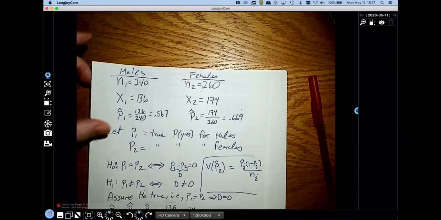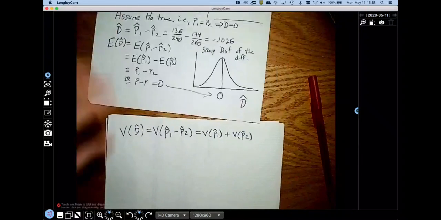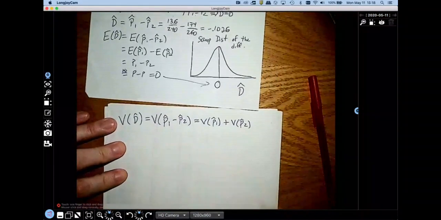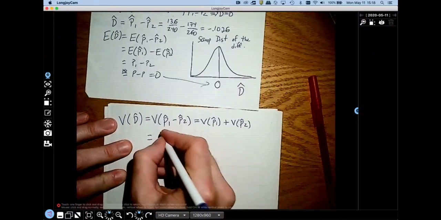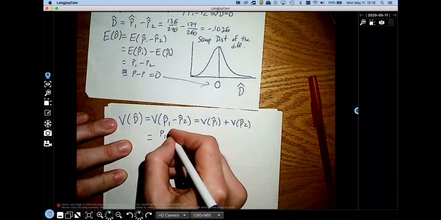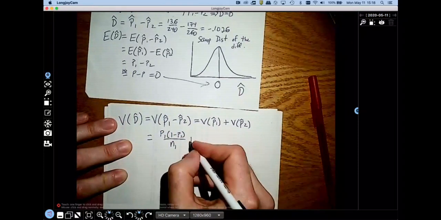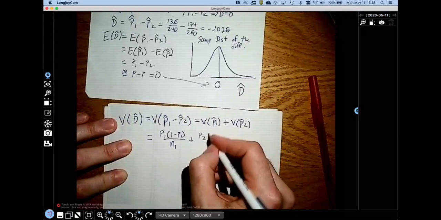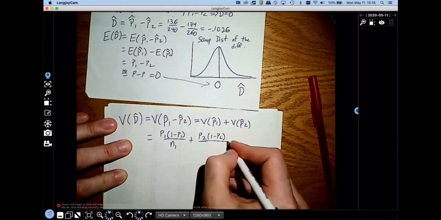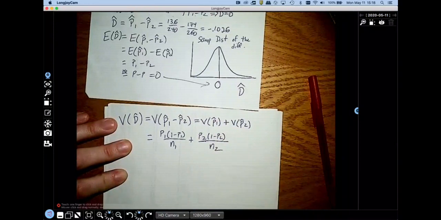So that's the variance of a proportion, which follows from something we know from the binomial distribution. So this is going to be p1 times 1 minus p1 divided by n1 plus p2 times 1 minus p2 divided by n2.